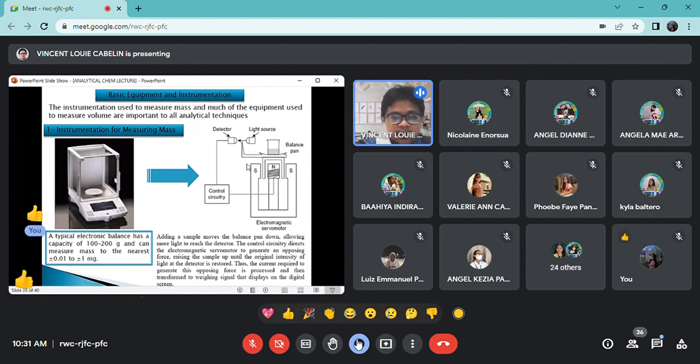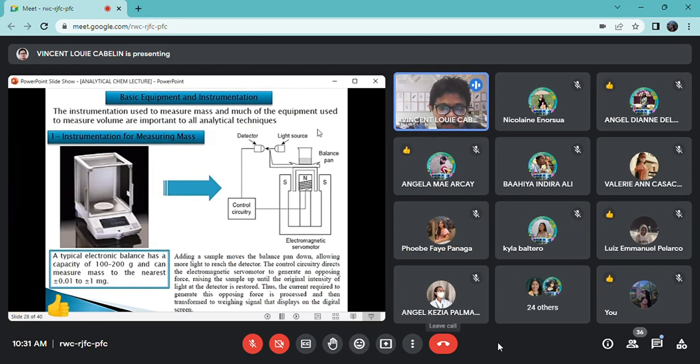Okay. So you have a light source inside here that emits light and can be detected by the detector. Now, once you put something on top of the balance, obviously the balance will pan down, bababa siya dahil sa weight na nilagay mo, and when that happens, this particular part in the measuring device will allow more light to pass.